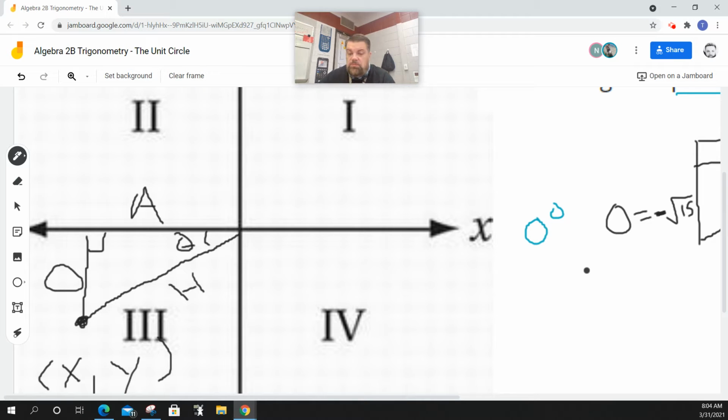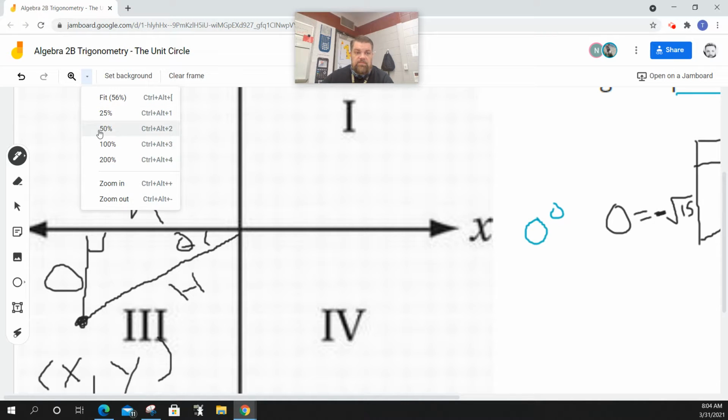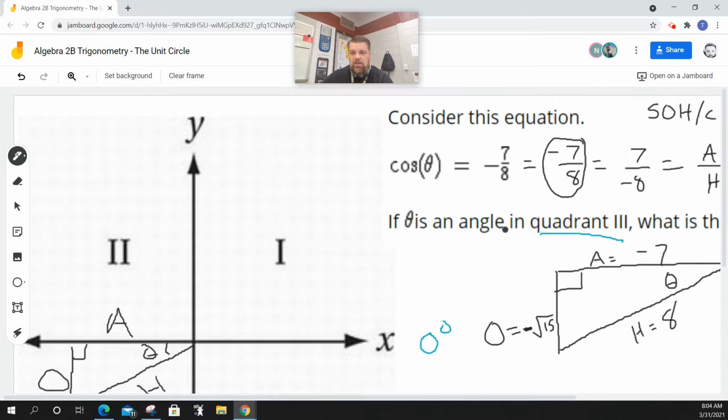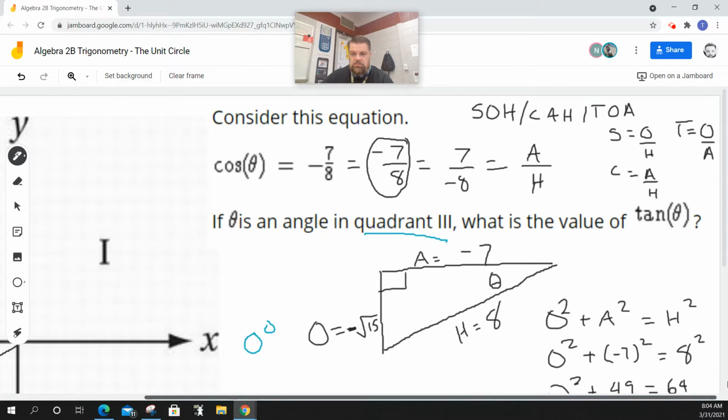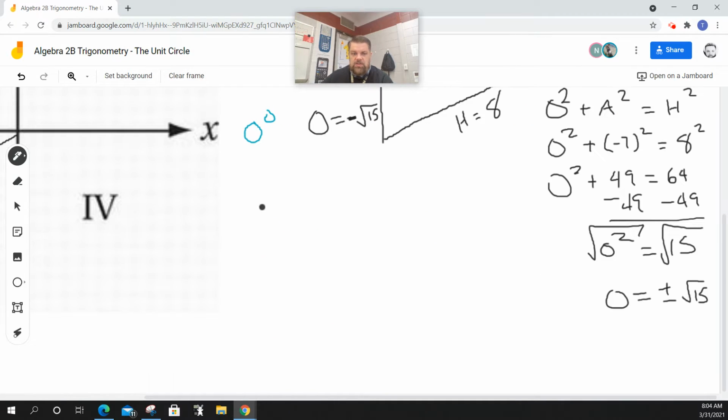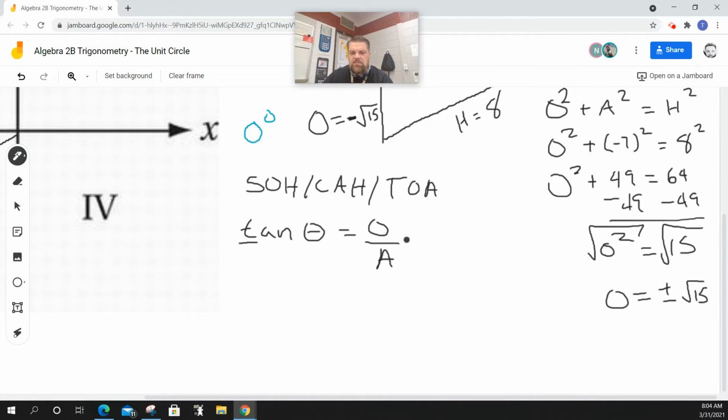So that's that. Now, what they want us to find out, though, is what is the value of tangent? Well, remember when we use SOHCAHTOA, the TOA part means that tangent of theta is equal to the opposite over the adjacent.